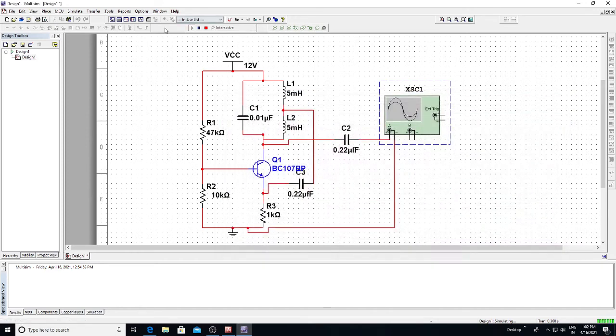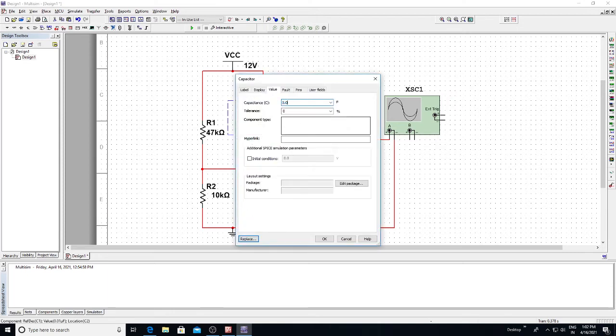Now similarly, stop and change the value of the capacitor. You can change the value of the capacitor, you can go for 0.033 microfarad.